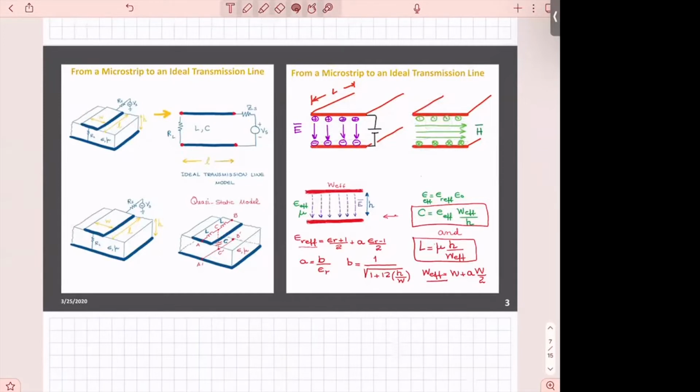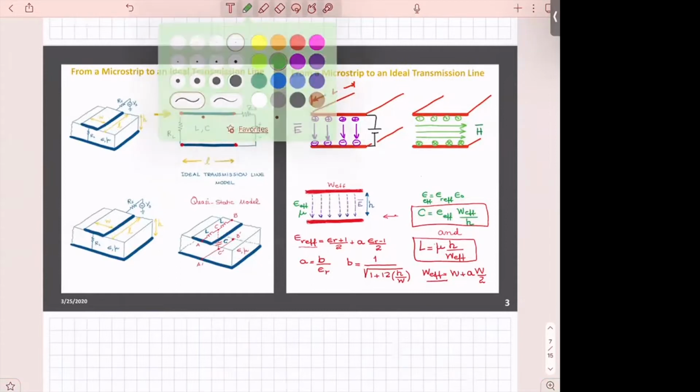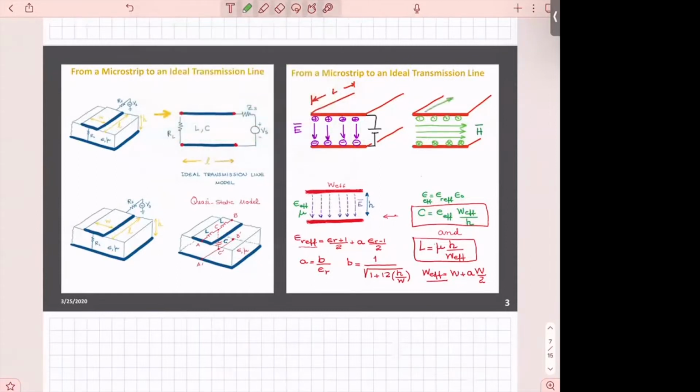So up here in green, you have a current that flows like this, and then below it, it comes out that way.